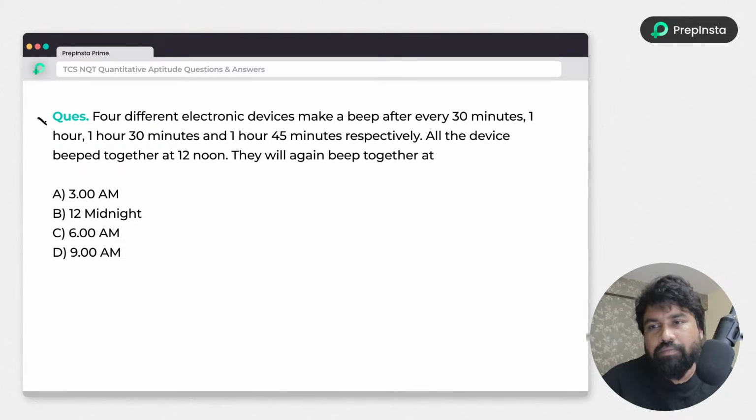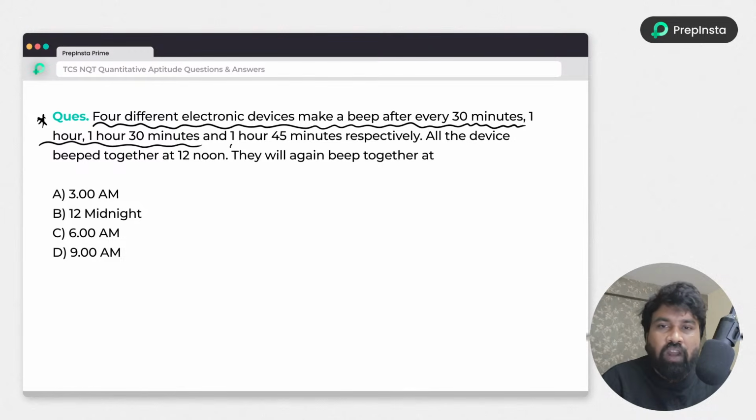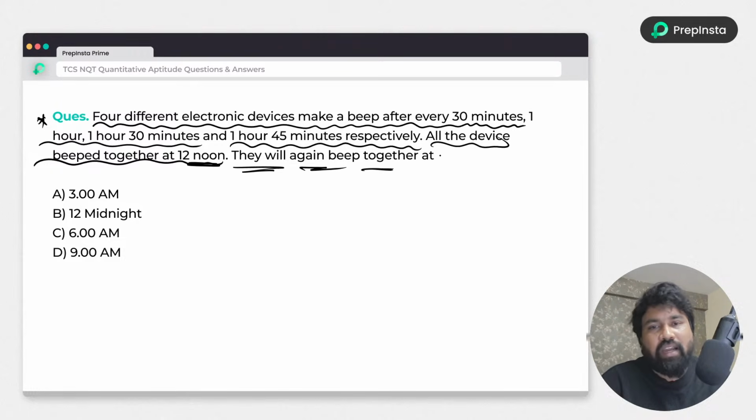Look at the next problem. 4 different electronic devices make a beep after every 30 minutes, 1 minute, 1.5 minutes, and 1 hour 45 minutes respectively. All the devices beep together at 12 o'clock noon. They will again beep together at.